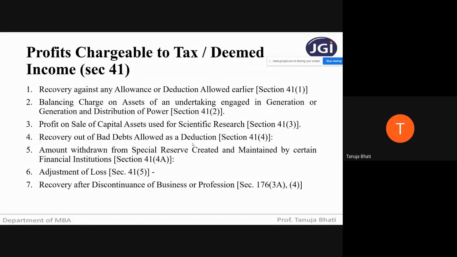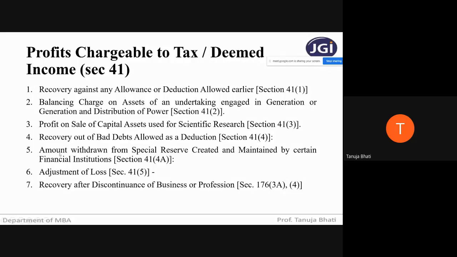But in the subsequent years, you recover a part of that amount or the full amount, then whatever excess that you have realized from that bad debts will be charged as business income in the year in which you are getting that amount. So again, it will be treated as a deemed income whenever you are recovering the bad debts.